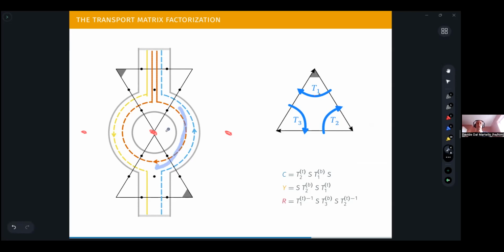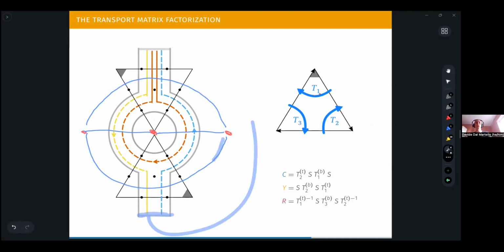So this edge is separating this face with this face. So I get this, and then this, this. However, these ones are the same because they're glued together with this. Yes.